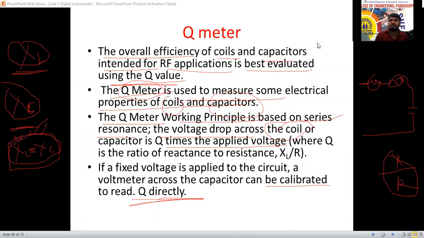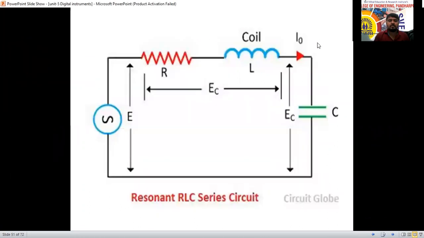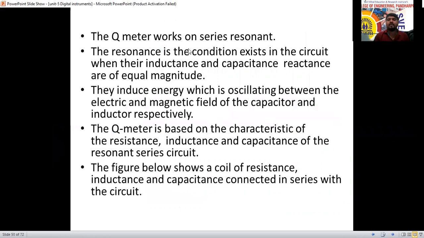The Q meter works on series resonance. Resonance is the condition that exists in the circuit when the inductive and capacitive reactances are of equal magnitude. Whatever I told, resonance is nothing but inductive reactance equal to capacitive reactance. On that condition, the magnitudes of XL and XC are equal, and that we consider as resonance.